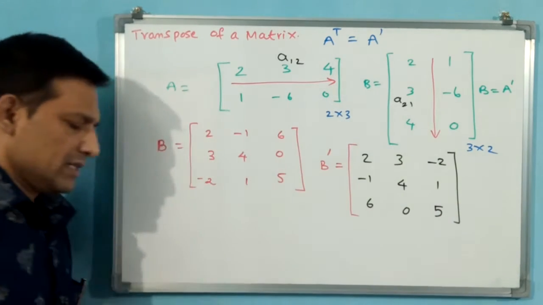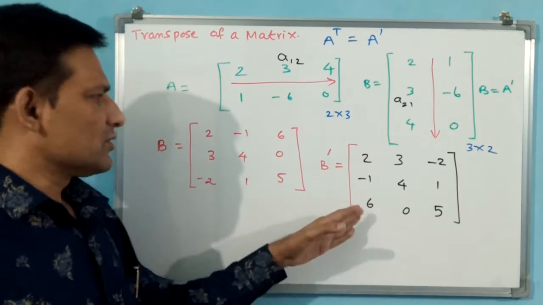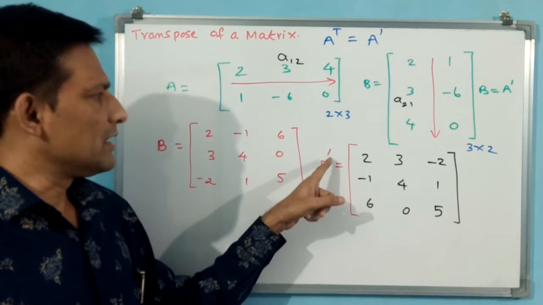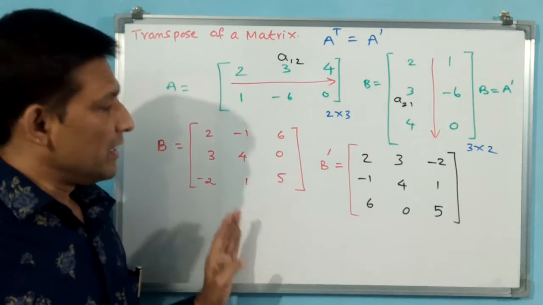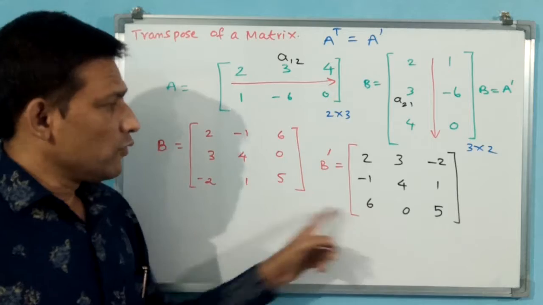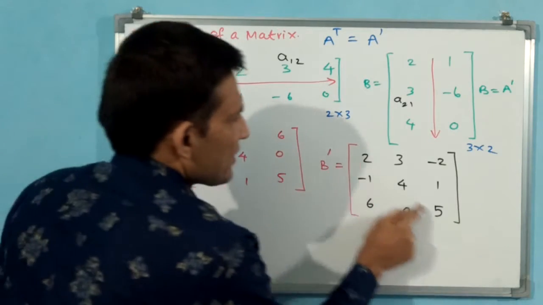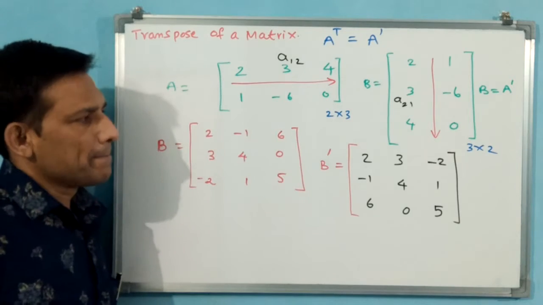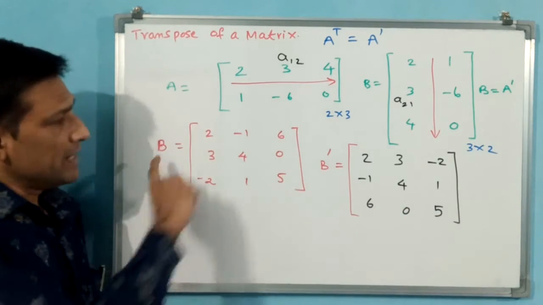Both are 3 by 3. This is the transposed matrix, that is why we have put the symbol of dash. This is the ordinary matrix. Now see, if you observe a square matrix, the diagonals are the same even after transpose. You see, 2, 4, 5, 2, 4, 5. But the remaining are changed.